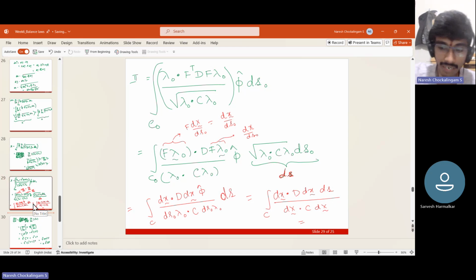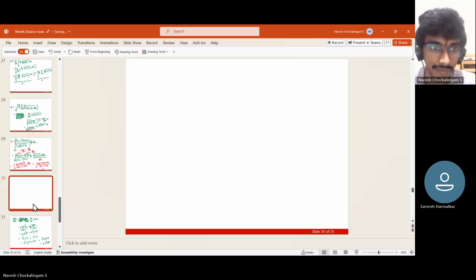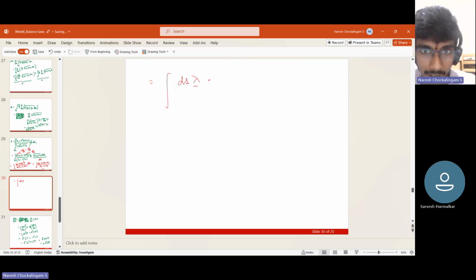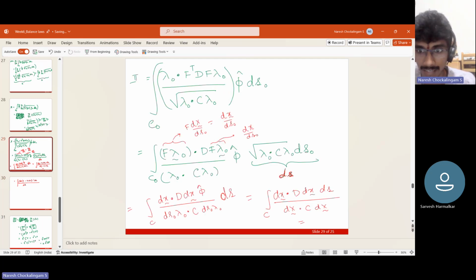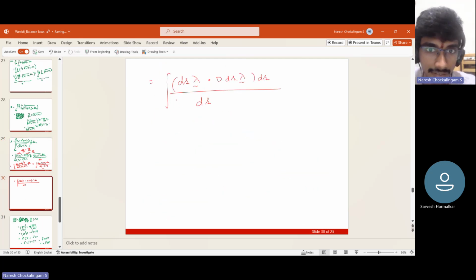So write it further. We have this is equal to integral dx is what? Ds lambda dot d ds lambda, ds divided by dx is, in the denominator we have a ds dx c dot dx, which is nothing but ds square.